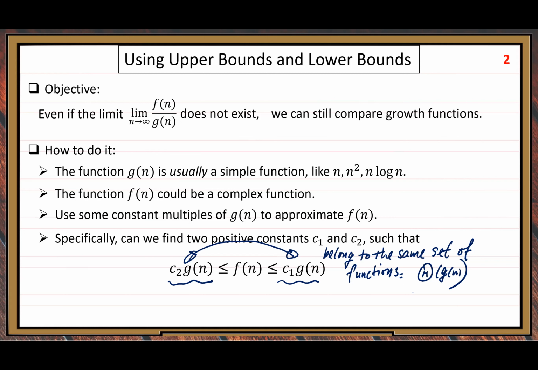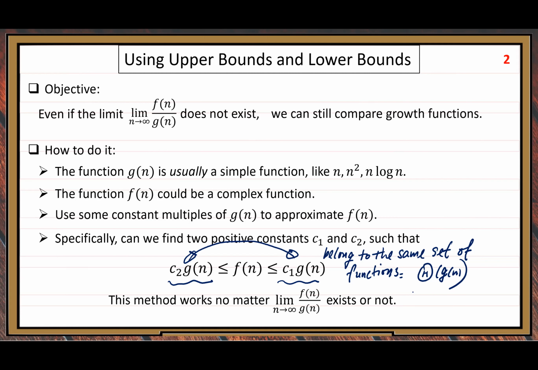And eventually, we can find the information that f of n belongs to big theta of g of n. So this method works no matter whether the limit of those two functions exists or not.